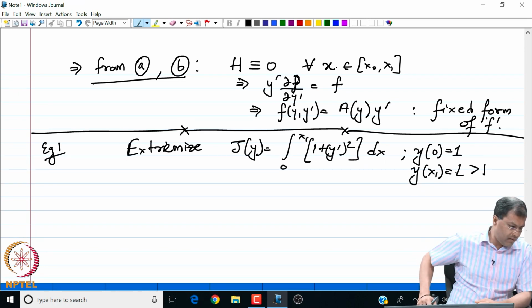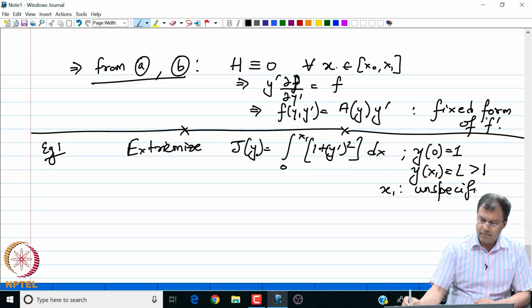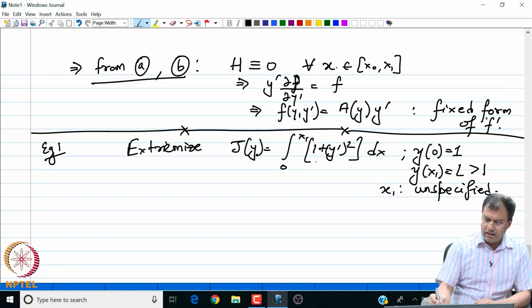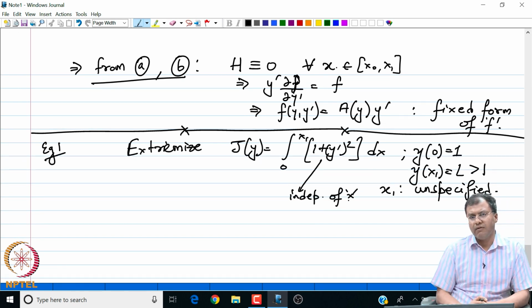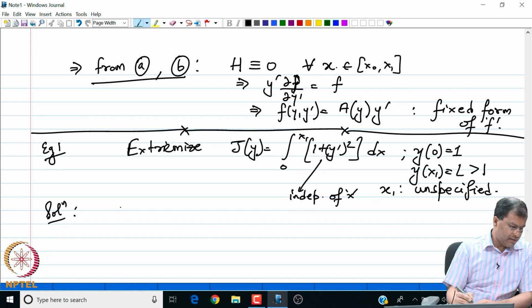We do not know x1. So x1 is unspecified, and again we see that this function is independent of x. So to find the extremal we can right away use the Beltrami identity.